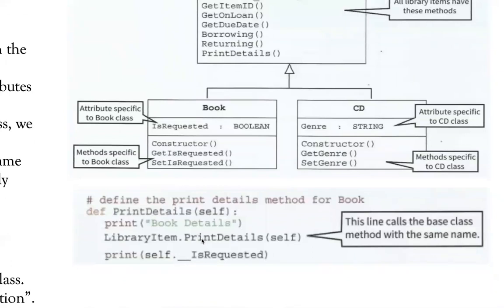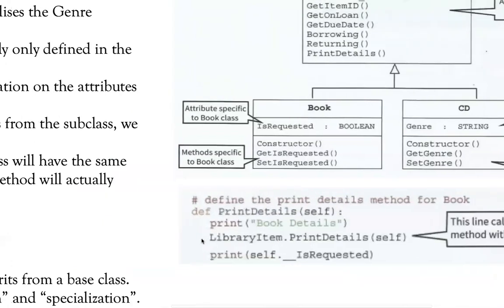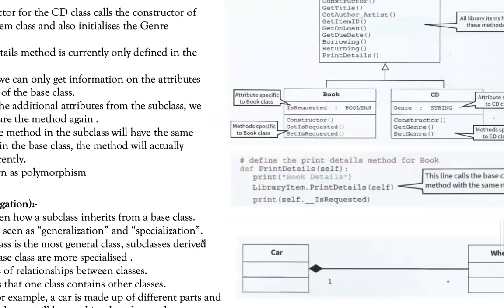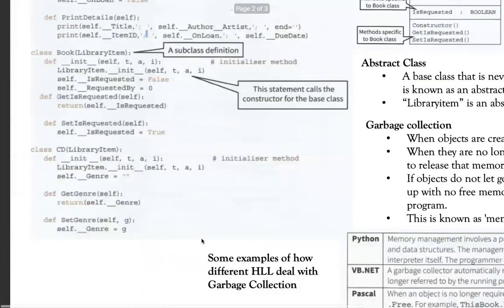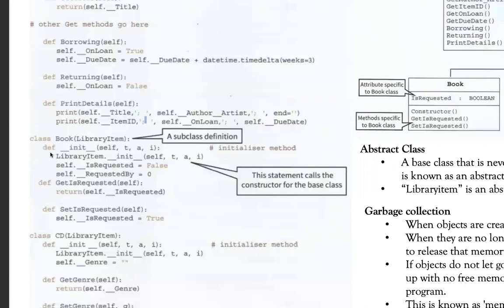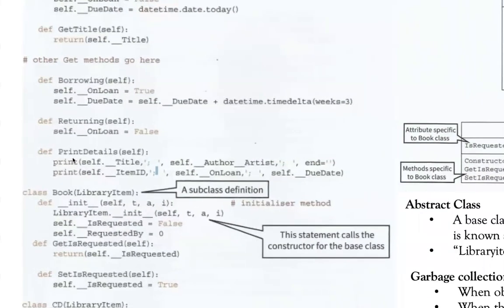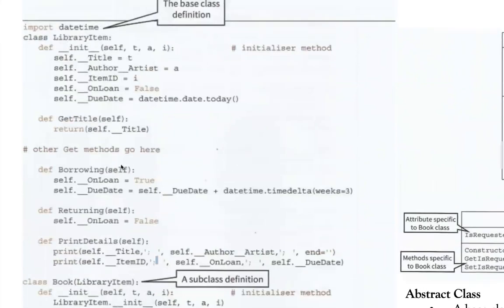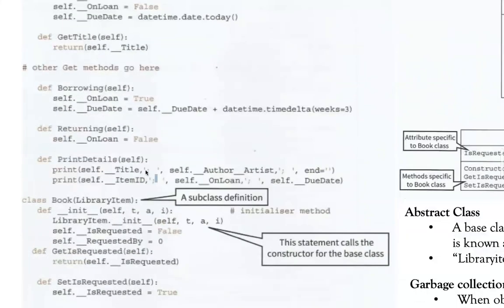Now, how is this behaving differently? My normal print details looks something like this. As you can see here in my previous definition, this is my print details right here. The original parent class print details looks like this. I'm simply printing all of the attributes of my library item, separated by these semicolons, written in a single line.